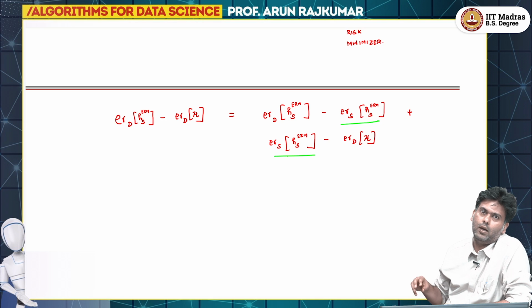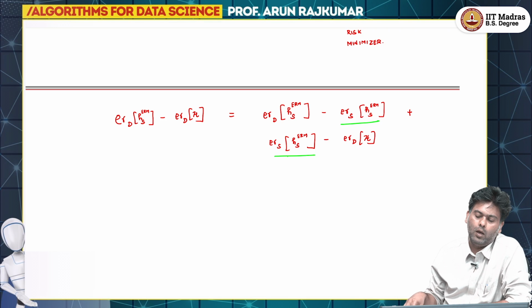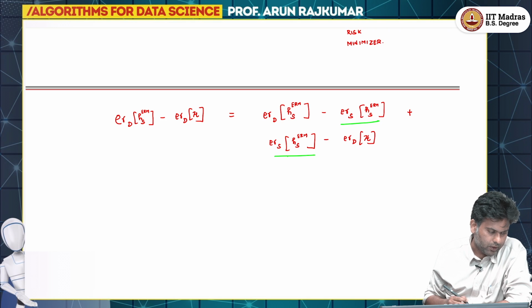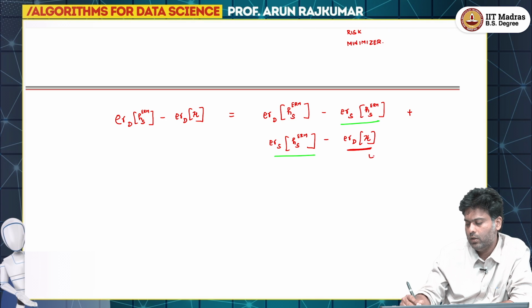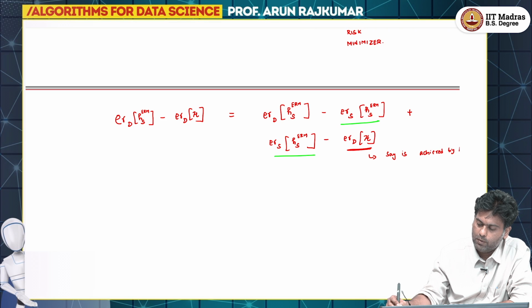I am adding and subtracting the training error of the ERM and then trying to analyze if something interesting comes out of it. Let us say this RD of H is achieved by some H star.